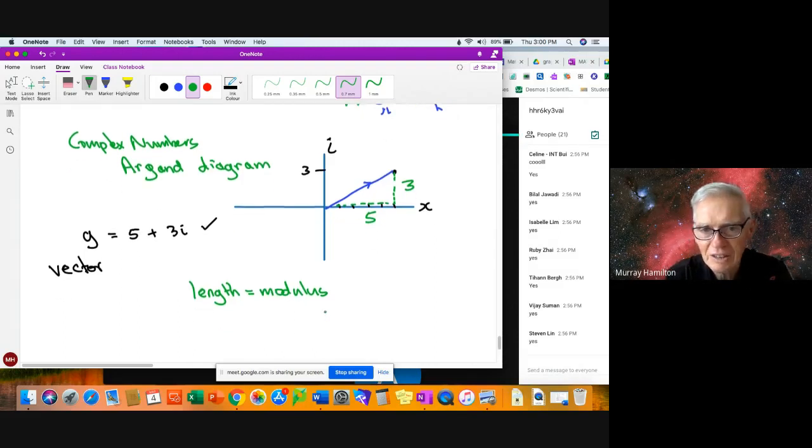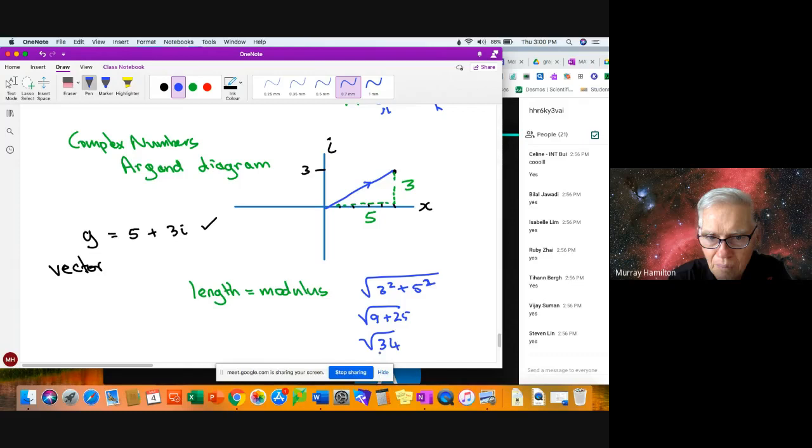And to do the length, all that we need to do is Pythagoras' theorem. So it's just the square root of 3 squared plus 5 squared. You're going to use a lot of Pythagoras this year, which is the square root of 9 plus 25, which equals the square root of 34. So that's called the modulus.